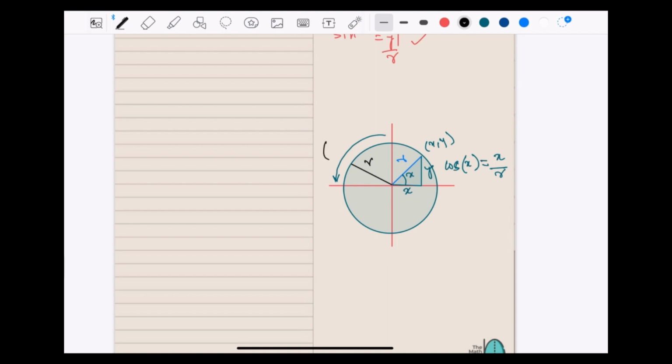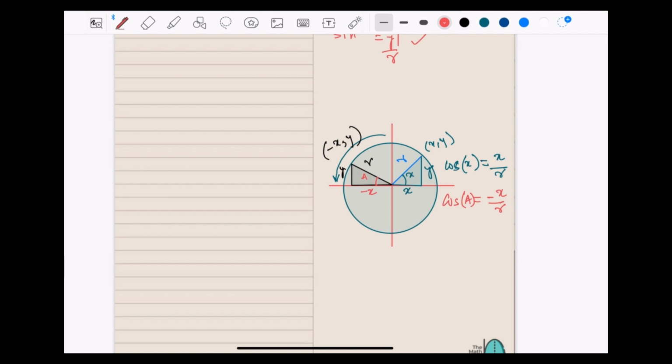Here, the x coordinate is not positive. It is x and y. And if a situation comes where exactly this y is here, and according to this angle, this is going to be some negative x. And if I find out the cos, I'll say that cos of, let's say this is A, is negative x over r.